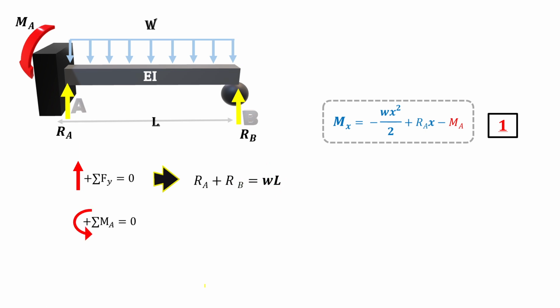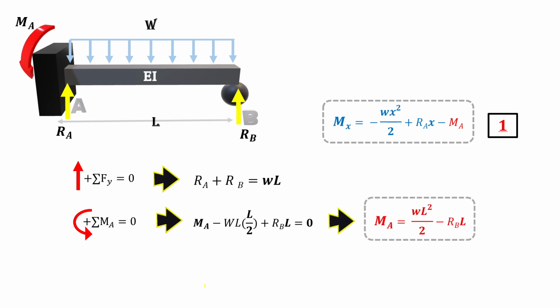Then summation of moment about A equals 0, considering MA: MA minus WL squared over 2 plus RB times L equals 0.